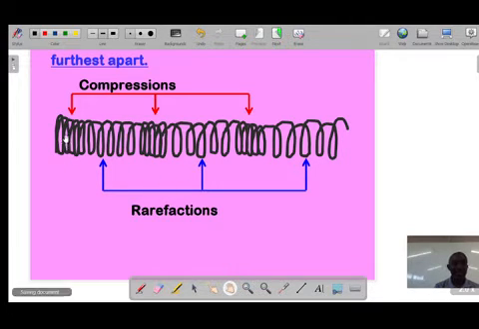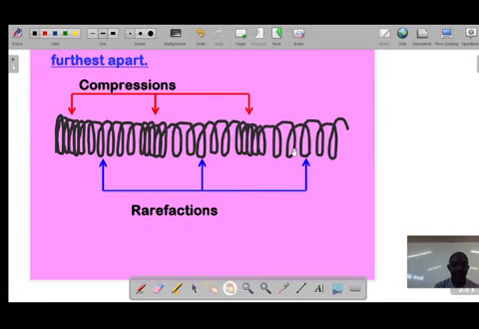Where the particles are closest together, like here and here and here, we call them compressions. Where they are farthest apart, we call them rarefactions.